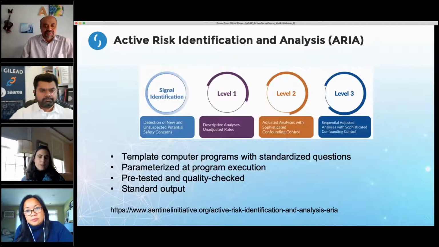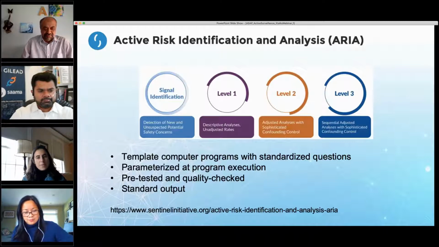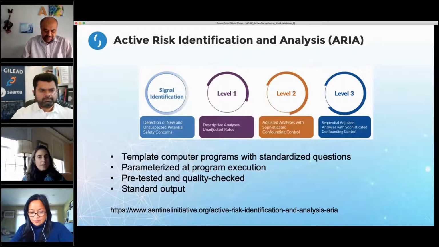Sure. So part of the legislation that created the Sentinel system in 2007 created this concept of sufficiency. What that means is that when the FDA observes information about a particular adverse event of interest that they think is experienced while on a medical product, they have to make a finding of whether or not the spontaneous reporting system and the Sentinel system, and particularly the ARIA system within it, are what's known as sufficient to study that problem.